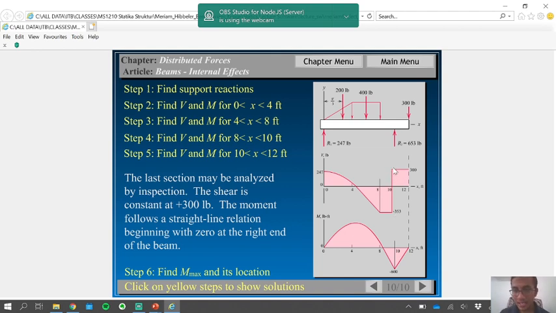The jump there is the same as this as well, 653 lbf, from minus 353 until 300. So the jump there is the same. Then another jump there as well at the end, from 300 to 0, the same as this one. So that's one thing that you're supposed to know whenever you draw the internal force and internal moment diagram, and how can we confirm whether it's correct or not.